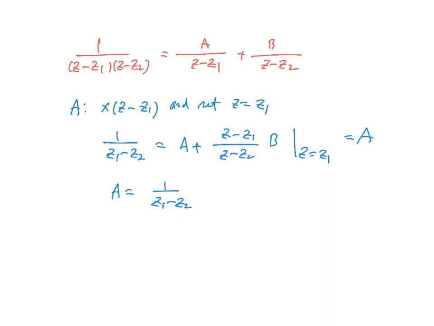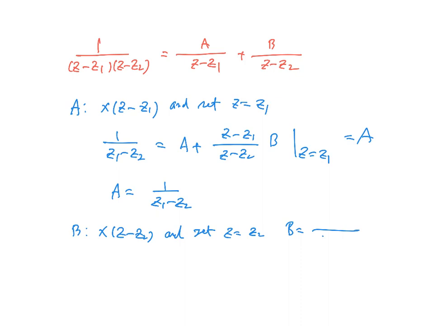For B, we multiply by z minus z2 everywhere and set z equal to z2.